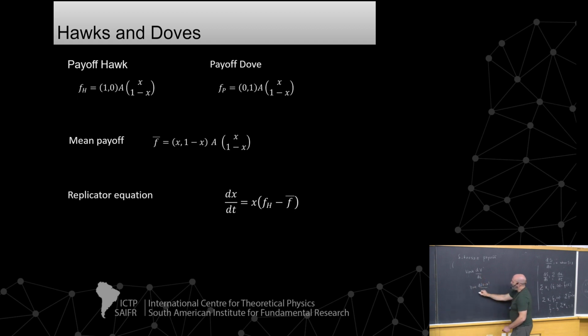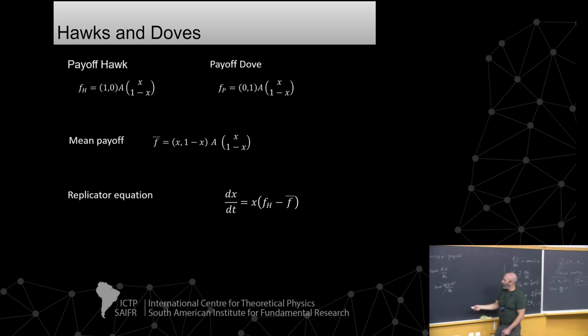So in this case, this is redundant. It is useless to calculate the equation for this one, because it will be the same as the equation for this one minus 1. So we are only calculating this equation.